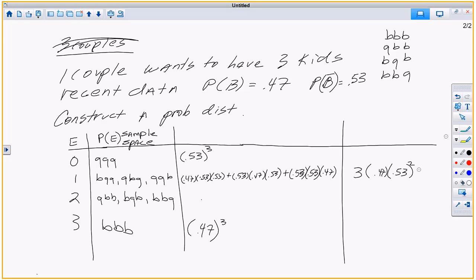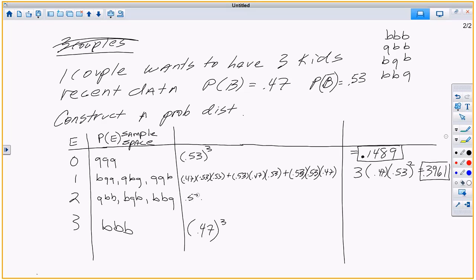Now somebody do that for me, please. 0.3961. Okay, 0.3961. While we're at it, go ahead and do 0.53 to the third power. Point what? 0.1489. Is that what you got? Yes. Okay, now let's do this one.